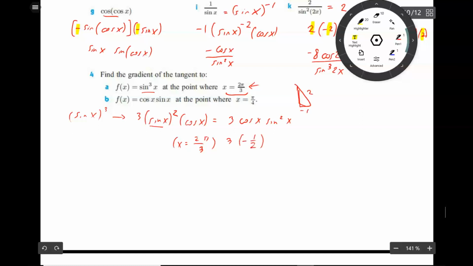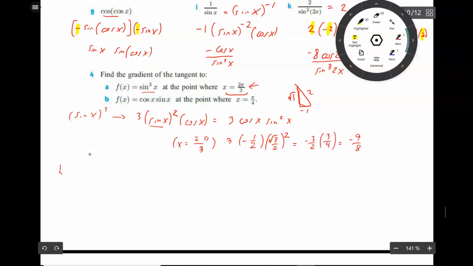And sine of 2 pi over 3 is square root of 3 over 2, squared. So it would be negative 3/2 times 3 over 4, which is equal to negative 9/8.